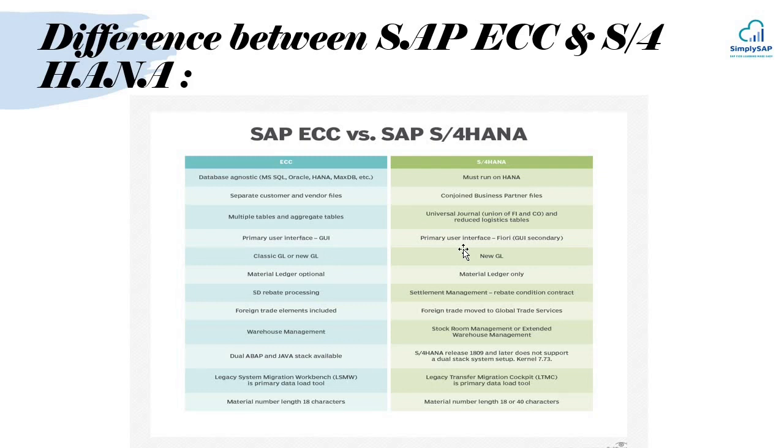Okay, let's move on to the next difference: separate customer and vendor files versus co-joined business partner files. SAP ECC maintains separate customer and vendor files, even in those cases where an organization partners with a company for both functions.